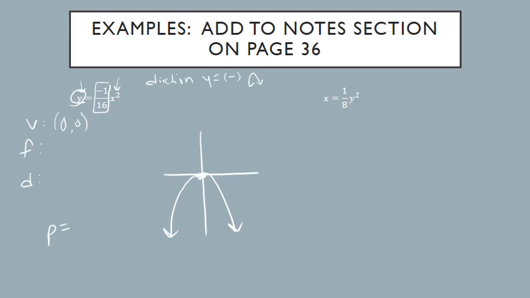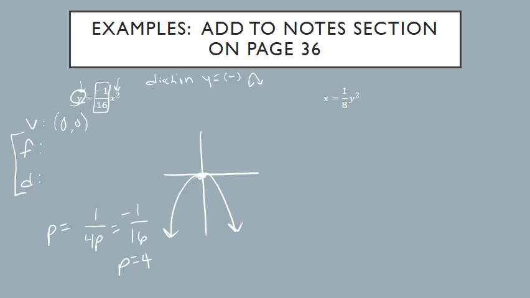All right, so the next thing we need to be able to do is, remember, we're still trying to get to the focus and the directrix. So I need the direction, and then I need P. Now remember, in the setup, it's 1 over 4P. So if ours is negative 1 over 16, then it has to be that P is, well, technically it would be negative 4, but we just look at it as a distance, so we're just going to use positive 4.